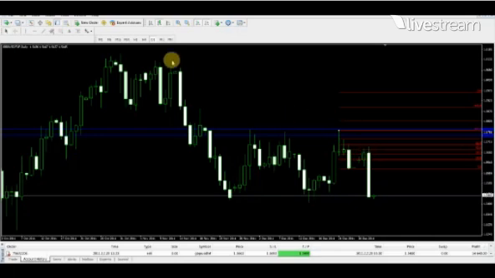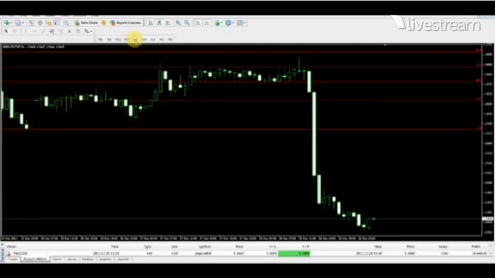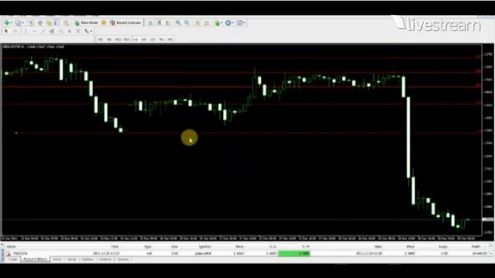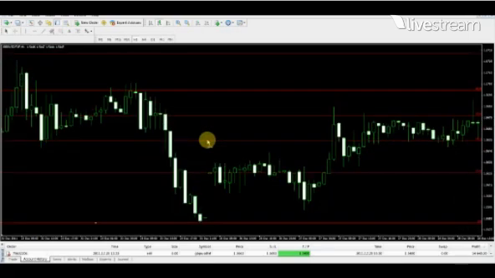Price, let's go to a 1 hour chart. Price traded in a tight range. Let's put the Asian range in real quick.